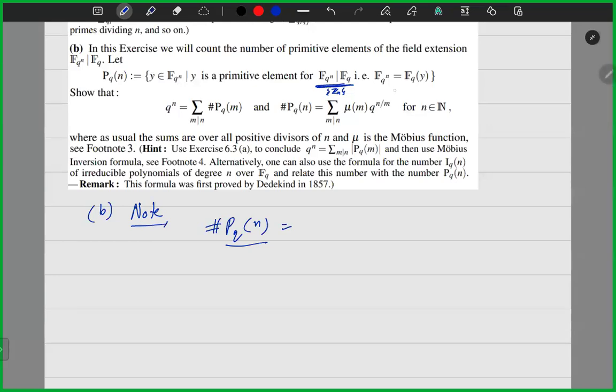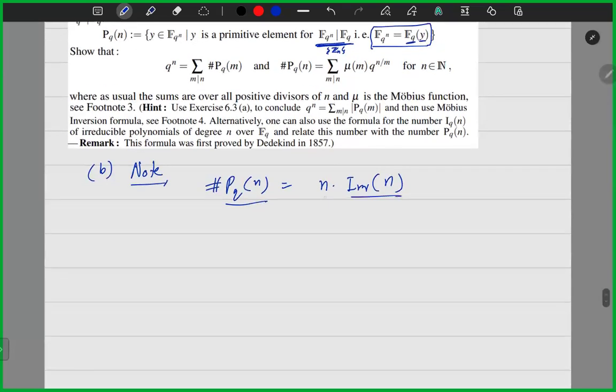Primitive elements are those elements which generate the field over F_q. For one polynomial you have n distinct primitives, so we should write n times the number of irreducibles of degree n. This is the relation we have: one polynomial will give n distinct primitives. From here you just conclude it.